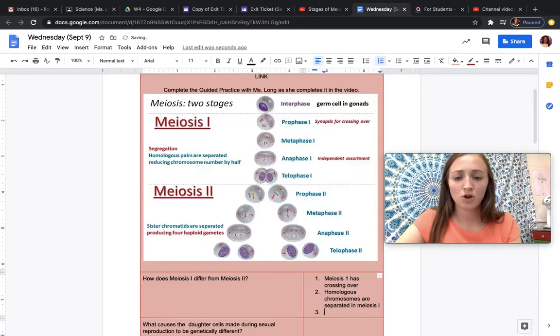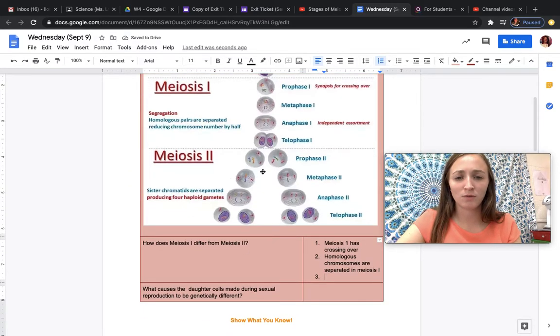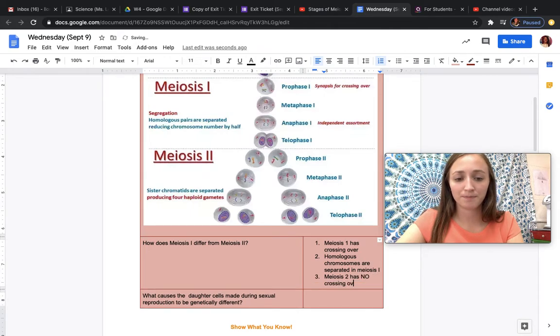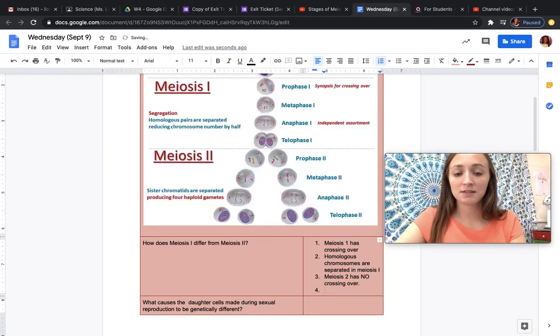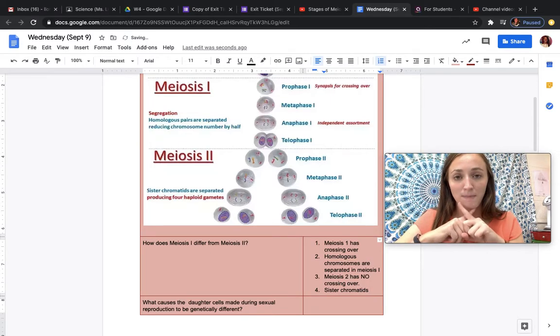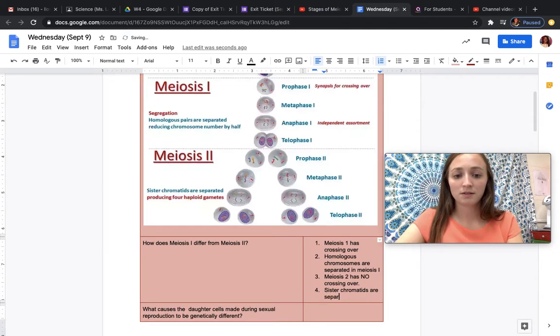Okay, so then what's different from meiosis 2? In meiosis 2, there is no crossing over. Those chromosomes do not swap their genes anymore. And then the sister chromatids, which again, those are the two lines that make up the X, are separated.